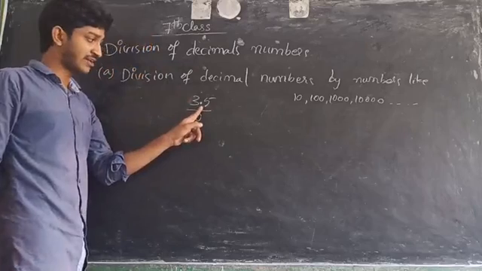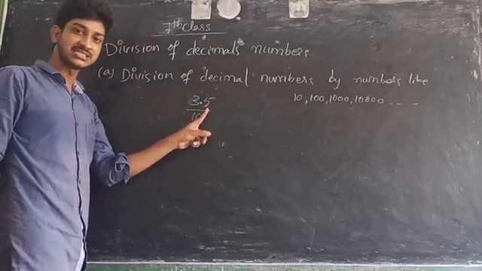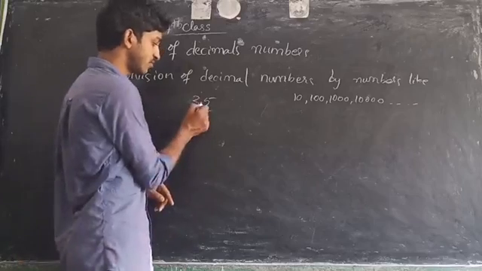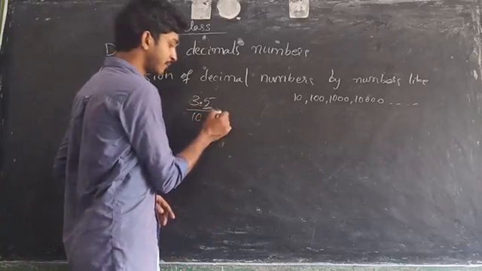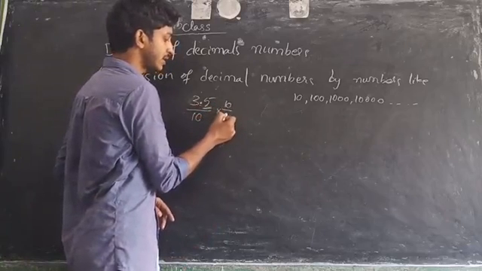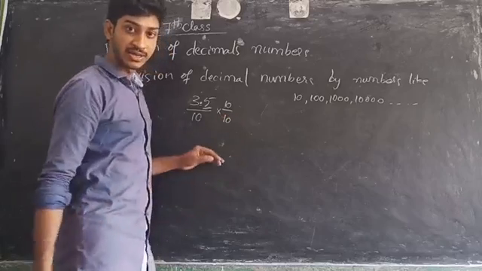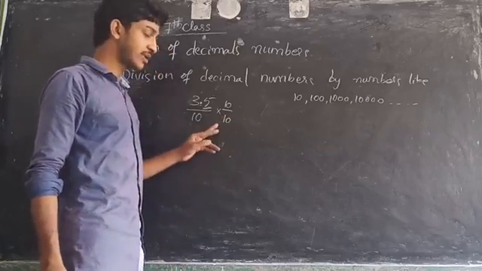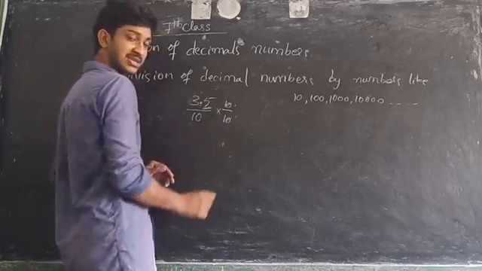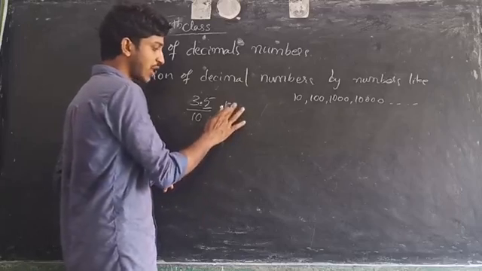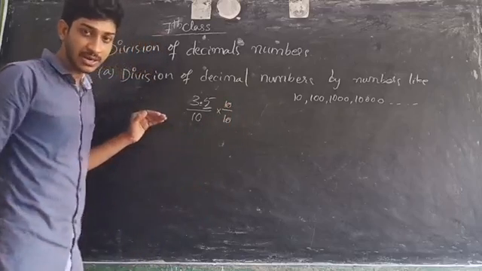After the decimal point we have only one digit. That's why we have to multiply by 10 in the numerator and also in the denominator. Because 10 and 10 cancel, 1 is the answer. So we have to multiply both the denominator and the numerator.